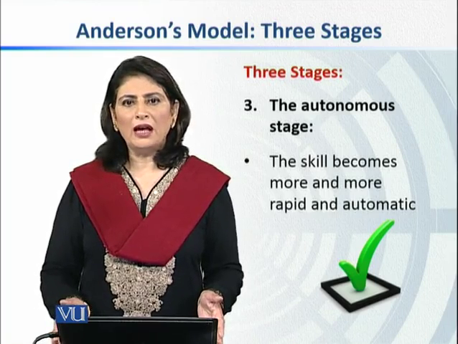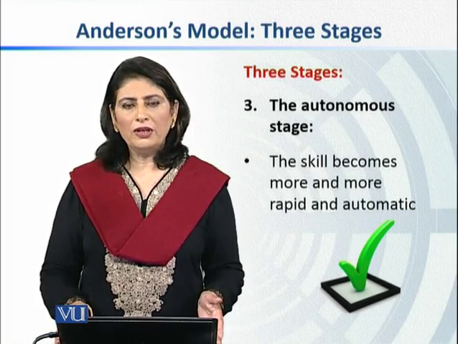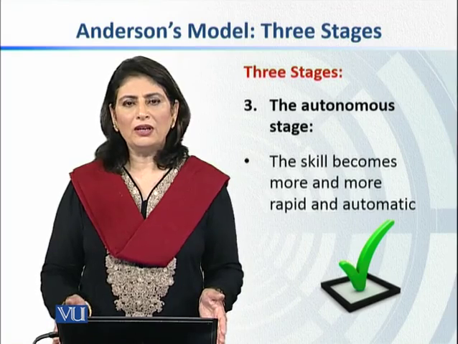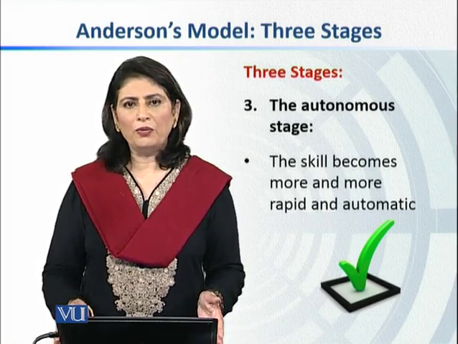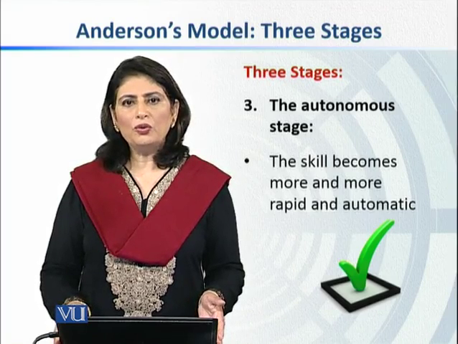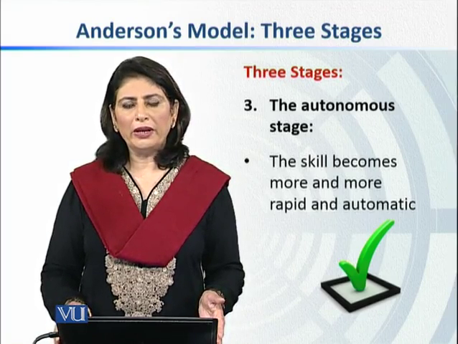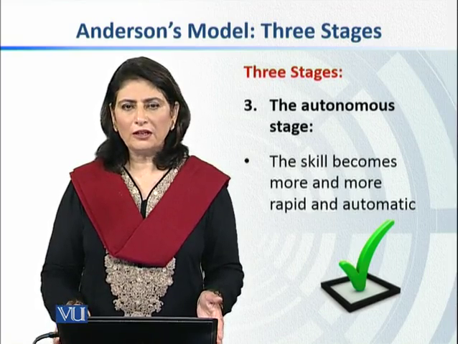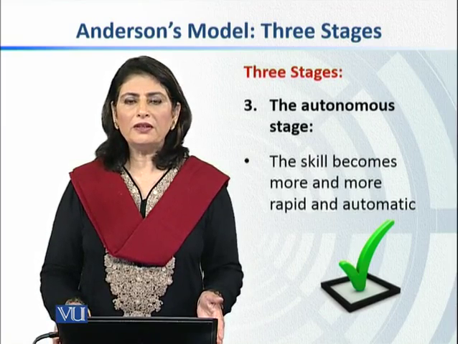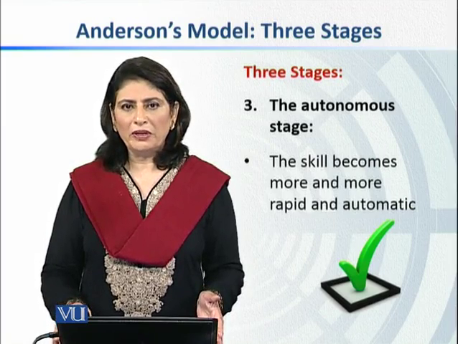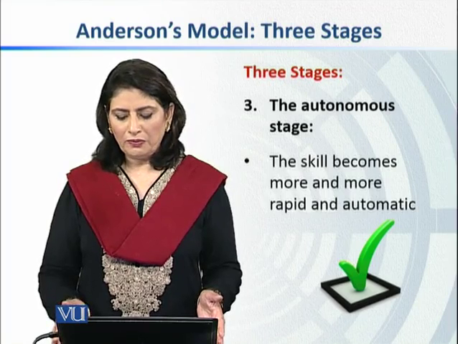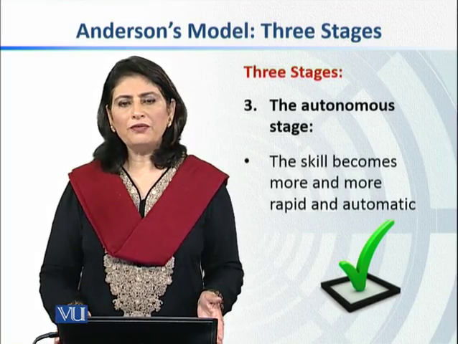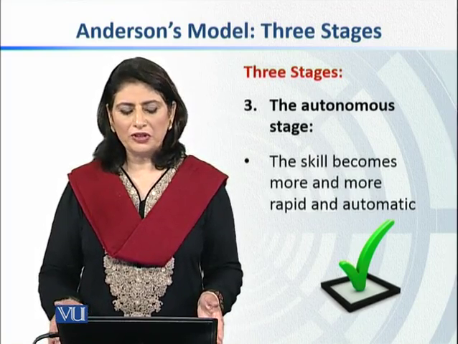For instance, now that you know the Urdu language, you hardly even think of the rules underlying changing a singular noun into a plural noun. You do it so automatically in your real life without even thinking about it. And this is exactly the stage that Anderson is calling the automatized stage, or this is also the stage when the declarative knowledge has changed into procedural knowledge.